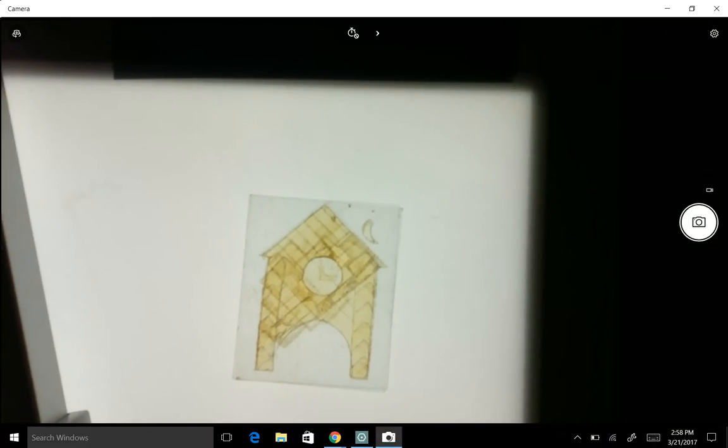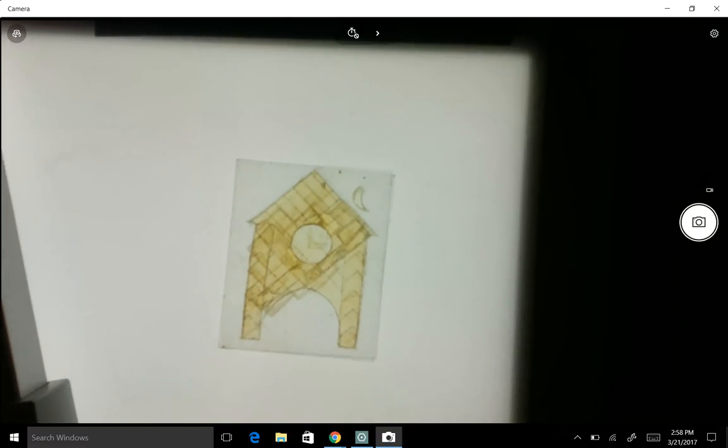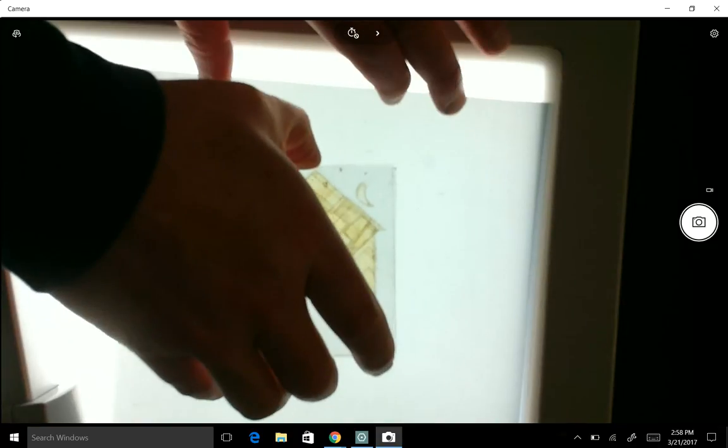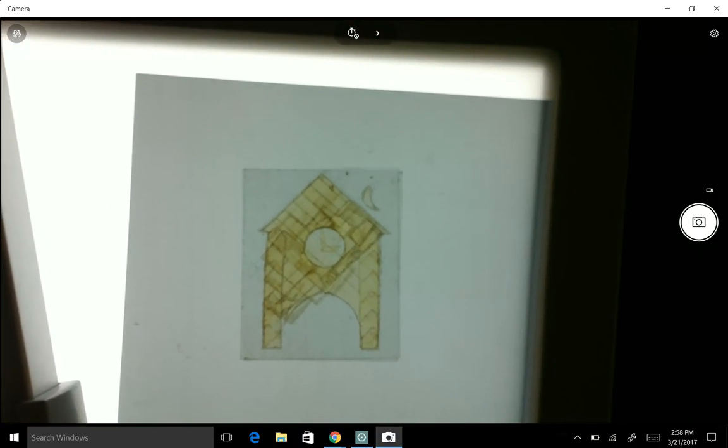It's supposed to be the Union College clock tower that's been torn down long before I arrived. That's what it's supposed to be. Now I'm going to put a polarizer underneath it. Is that special? Okay, I'm with you. That's not special. Now I put a polarizer on there.